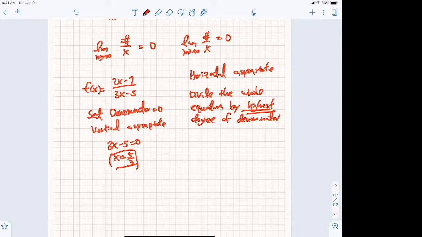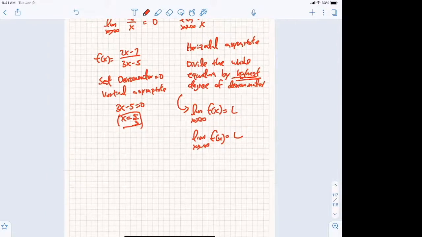Then you take the limit as x approaches infinity of f of x, and also the limit as x approaches negative infinity of f of x. If that's equal to some number L, which could be 2/3, 5/1, or 7/3, then it has a horizontal asymptote. In this case, it could be 2/3. I'm going to show you how to do it.